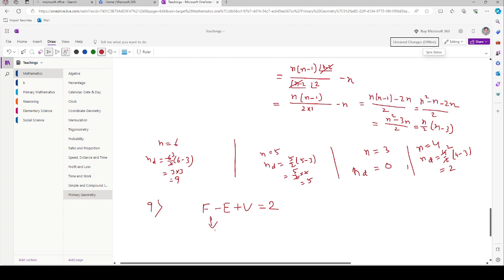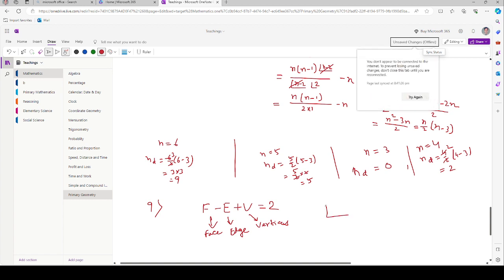F is the number of faces of an object, E is the number of edges of an object, and V is the number of vertices of an object. Then the relation between face, edge and vertices will be F minus E plus V equals 2.